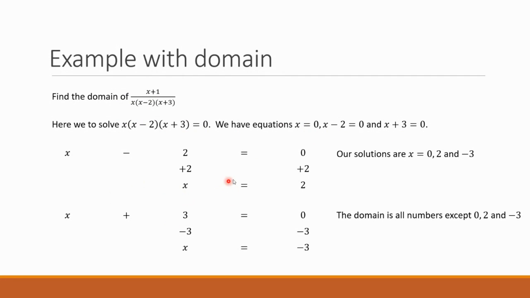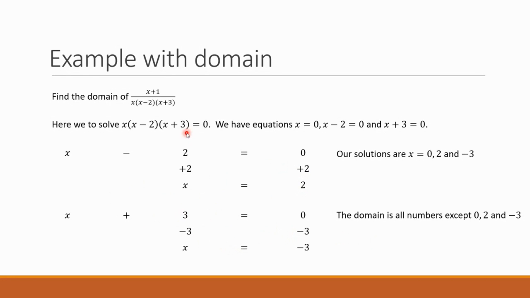For the second one, we have x minus 2 equal to 0, so we add 2 to both sides because you want to get x all alone. We get x equals 2. For the third, we have x plus 3 equal to 0, and we subtract 3 from both sides. We get x equals minus 3.